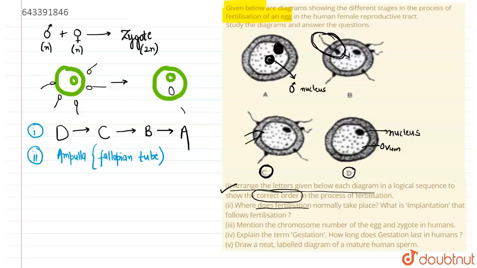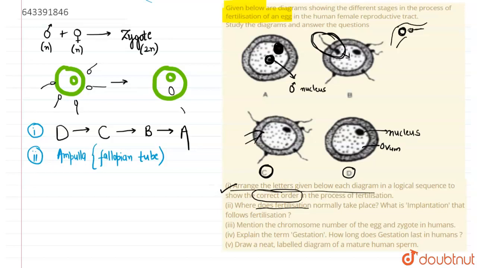So we'll try to understand this here. The female gamete gets fertilized by the male sperm, and this process takes place in the fallopian tube.